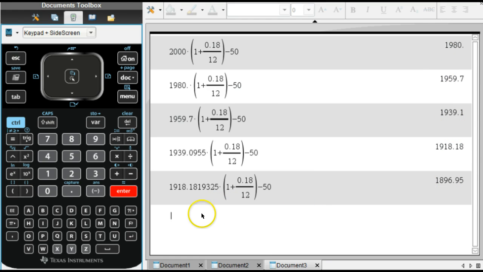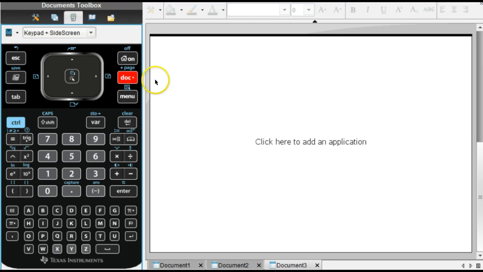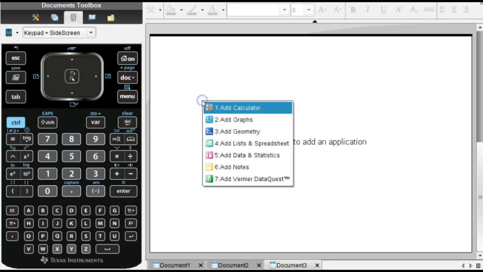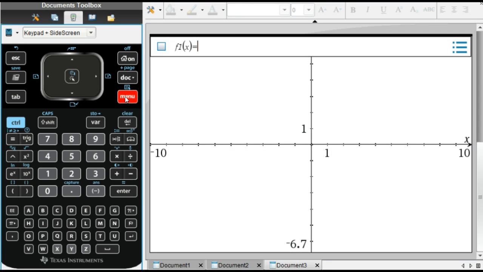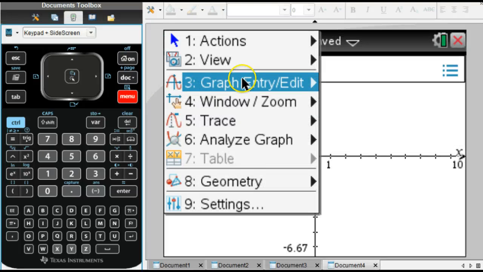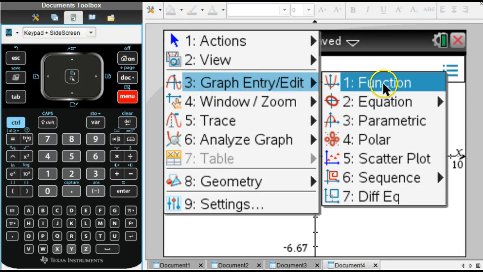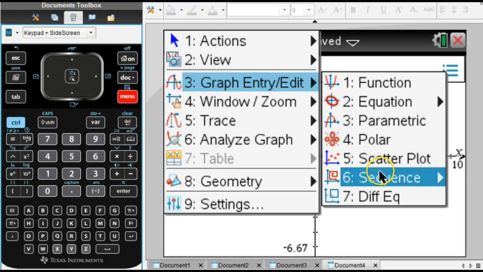Now there's a more elegant way to do this with the calculator too, and you can do it with the graphing menu. So I'm going to get a new page here, and I want to add graphs. And so when I add the graphs here, I go to the menu, and I'm going to change my input version for this graph. So I go to graph entry, and I'm going to go down here to where it says sequence.